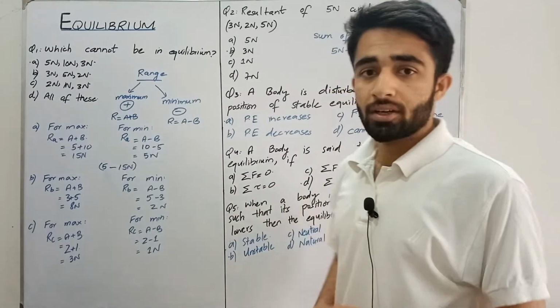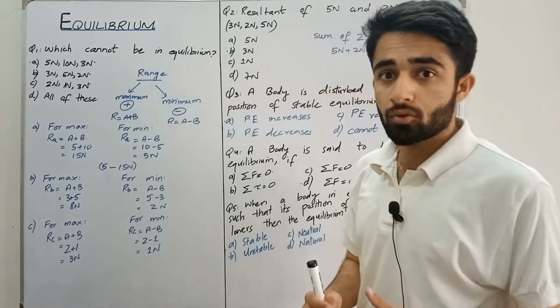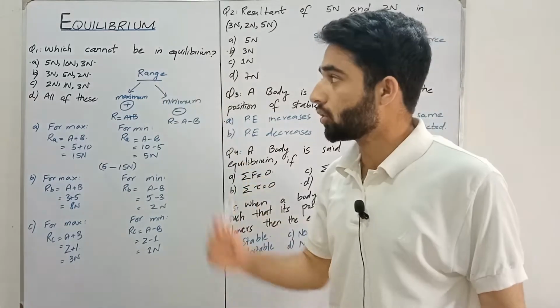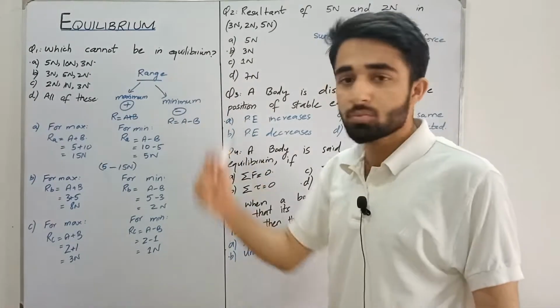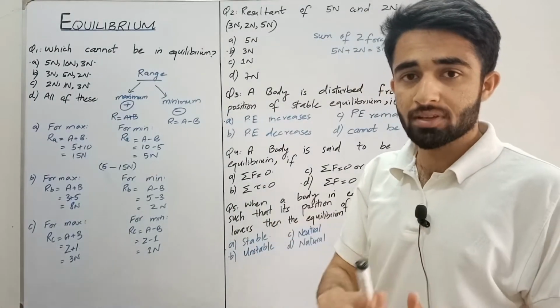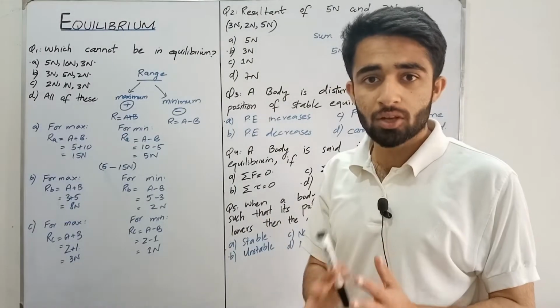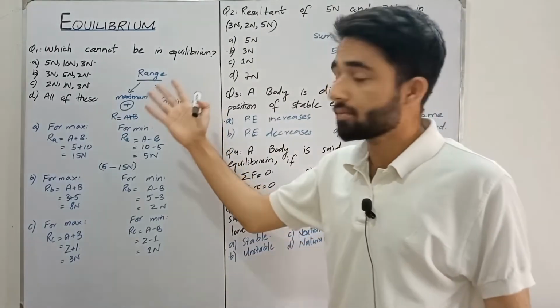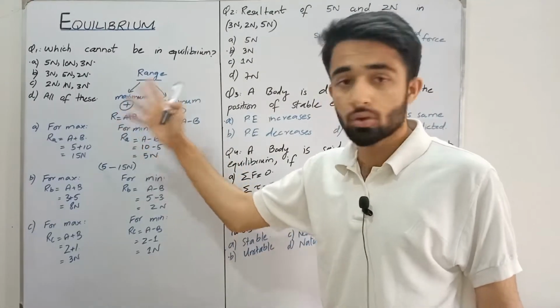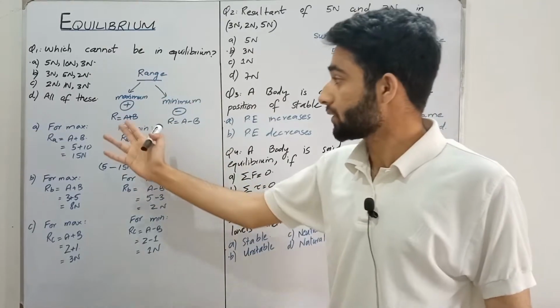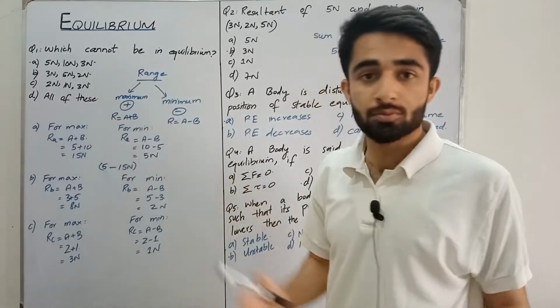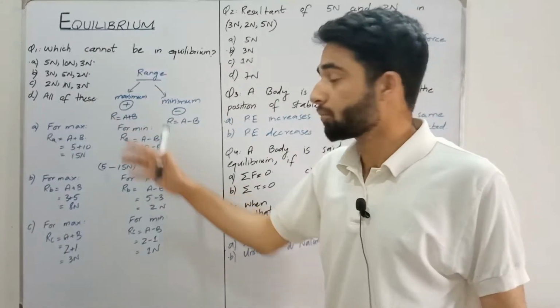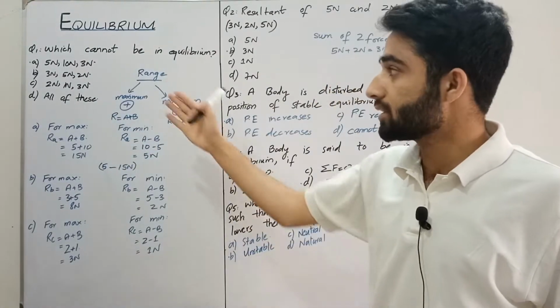For these kinds of questions you have to know the range of these sets. Range means the maximum and the minimum value. For the maximum value you just have to add any two forces in the set, so the range maximum is A plus B, where A and B are two forces in this set.